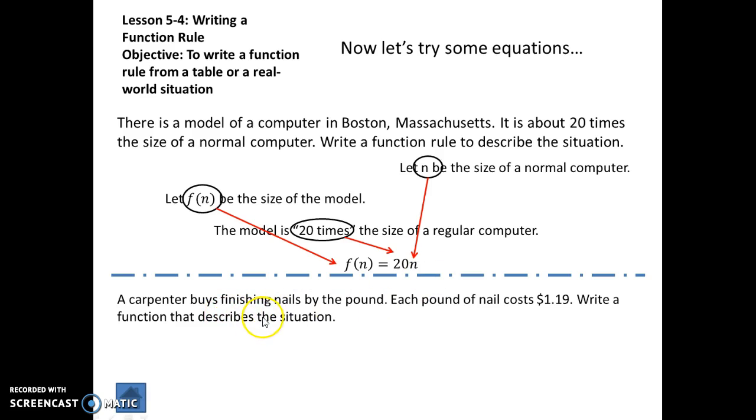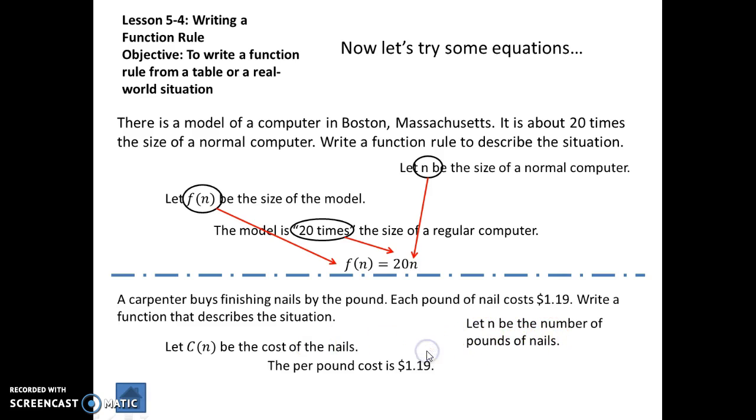Also, say we have a carpenter buying finishing nails per pound, okay, that's how we measure those. Each pound of nails costs $1.19, so we want to write a function that describes that situation. Define our variables. C of n is the cost of the nails, n is the number of pounds of nails.